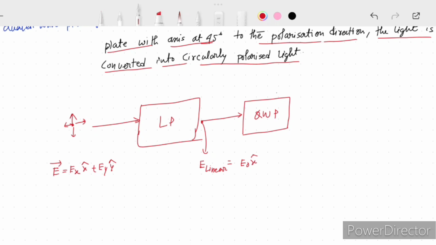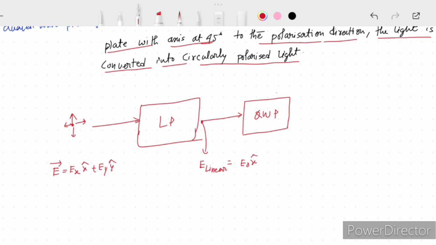Linearly polarized light allows only one component of the electric field. Then this linearly polarized light passes through the quarter wave plate.